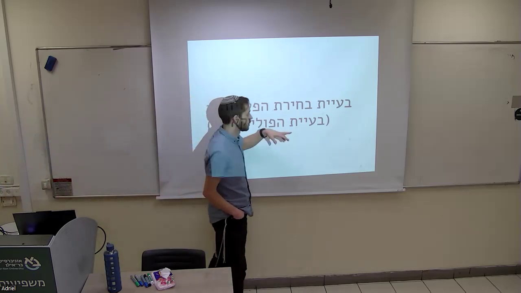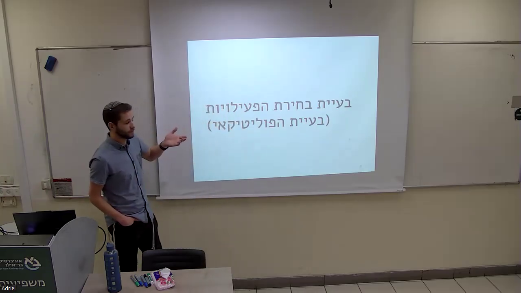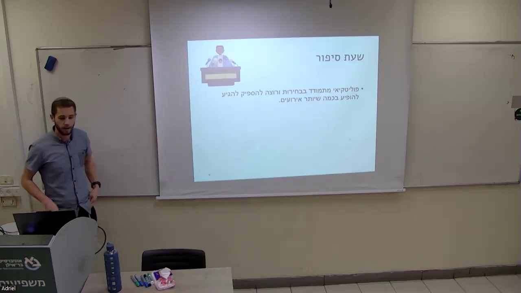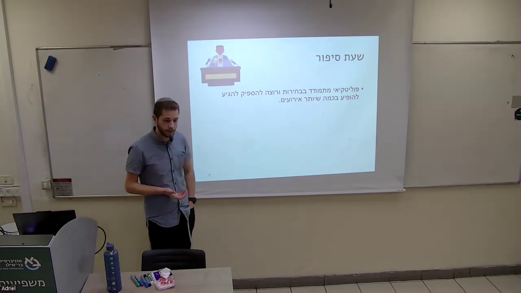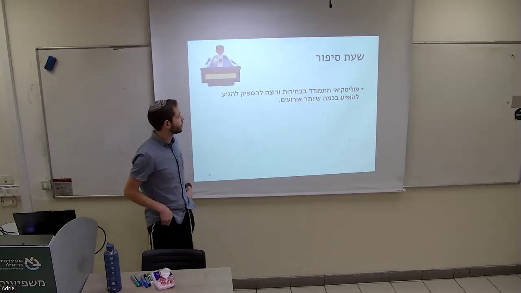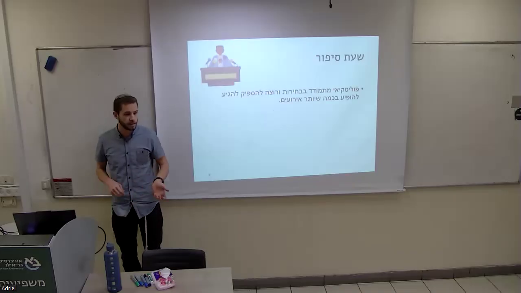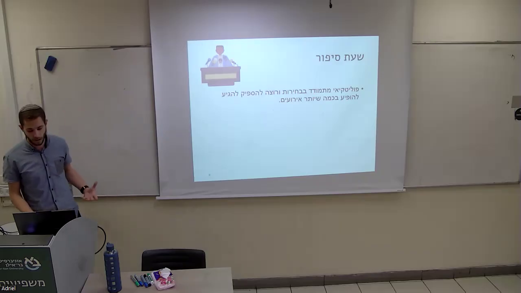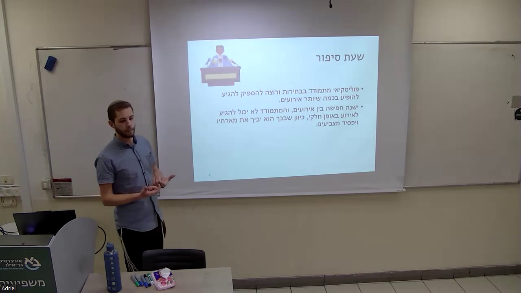So first question is the politician problem, also called the activity choosing problem. Basically, our politician is competing in elections, and he wants to get to as many different events as he can, because the more events he gets to, the more people will see him, the more people will vote for him. But some events overlap, right?